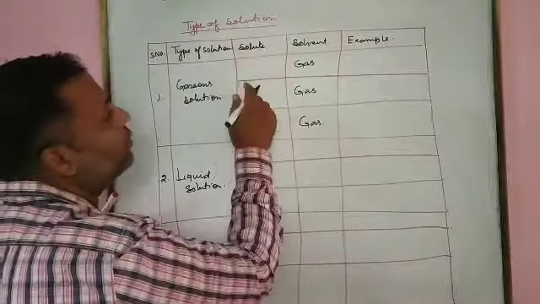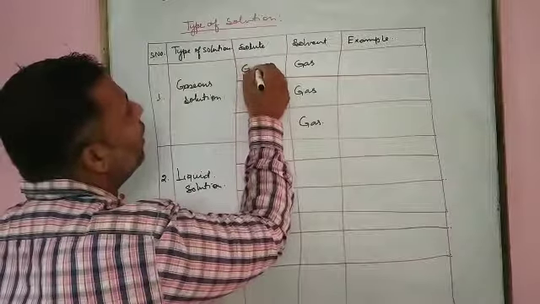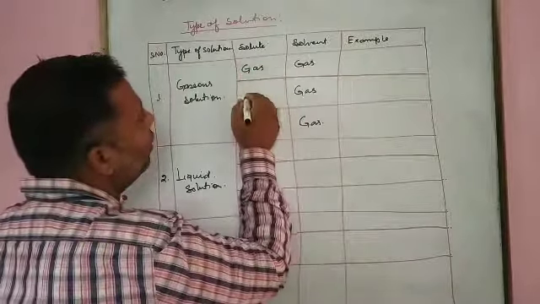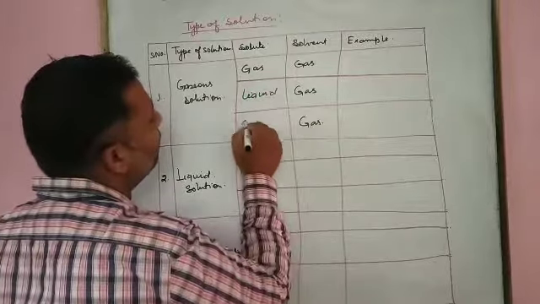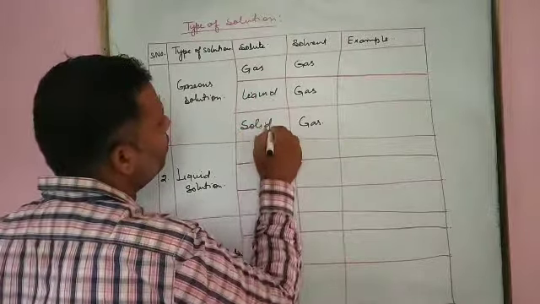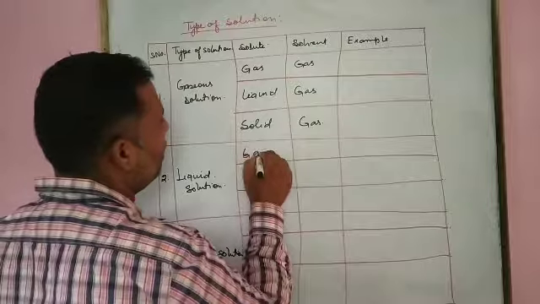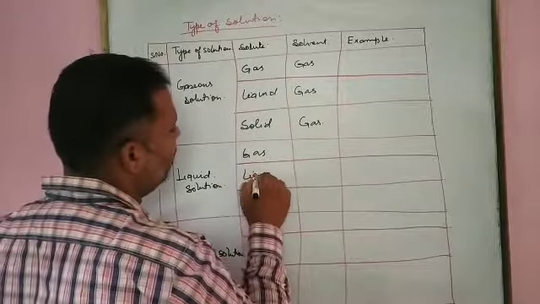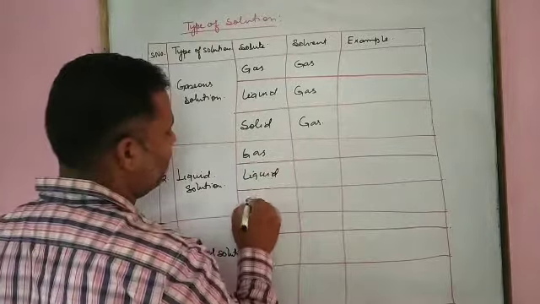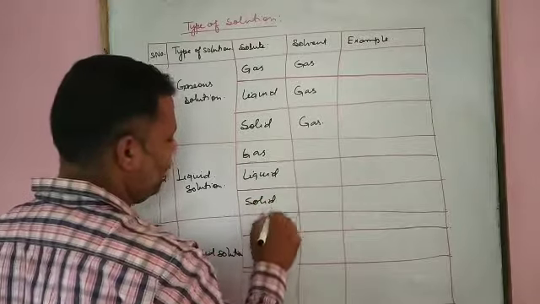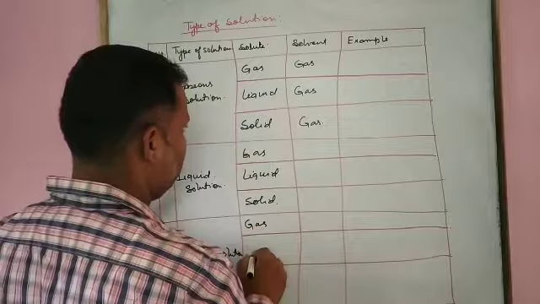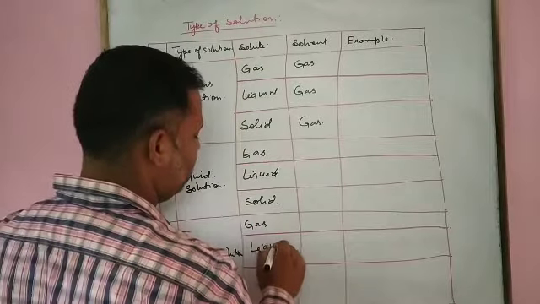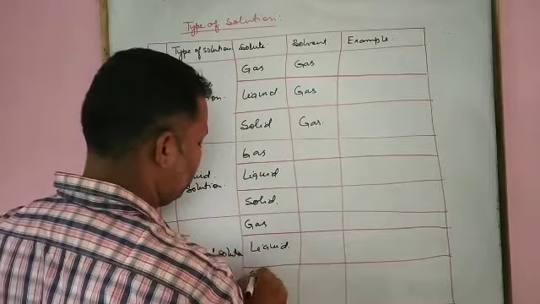And the solute, the first one gas in gas, the next one liquid in gas, and the next one solid in gas. The first one gas, liquid, and the next one solid. Next to that, the same is there. We have the gas, the next one liquid, and the next one solid.